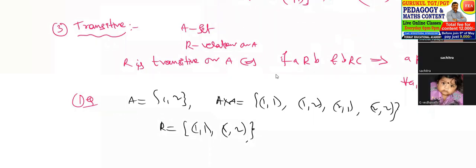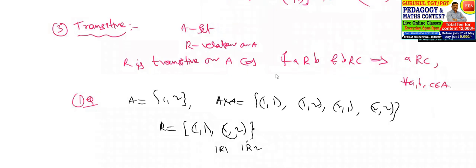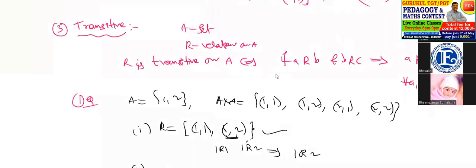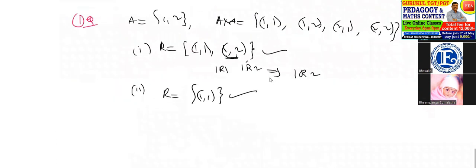Yes. 1 is related to 1 and 1 is related to 2, and that implies 1 is related to 2. Yes, sir. Suppose R is equal to {(1, 1)}. Is it transitive? Yes, sir.